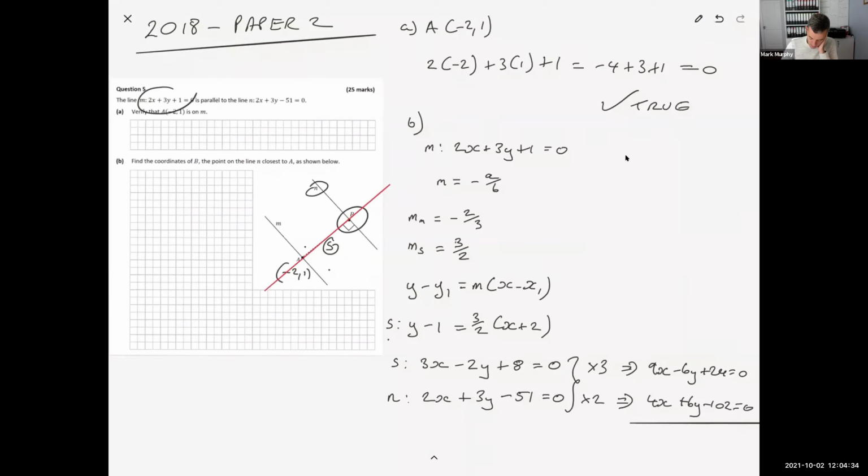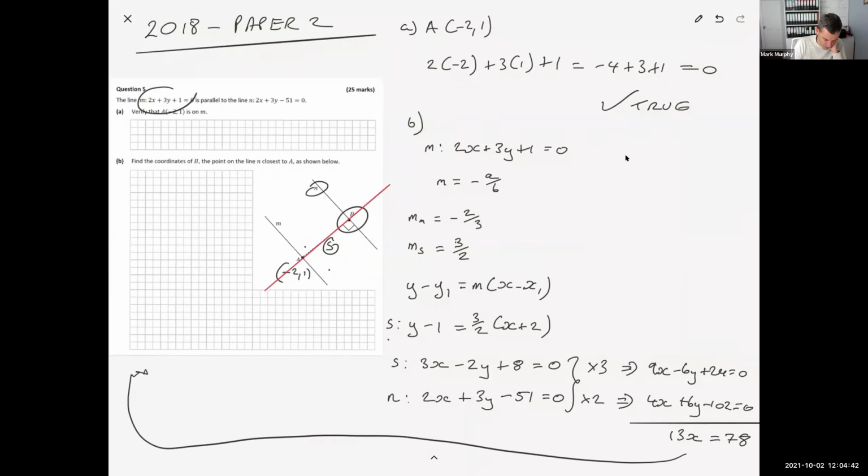Adding them, you get 13x equals 78. You get x is equal to 6, and then fitting back in for x, you get y is equal to 13. So the coordinates of point B are 6, 13.